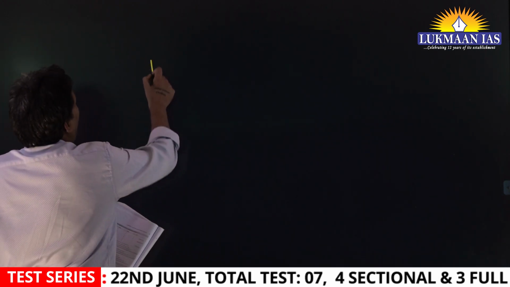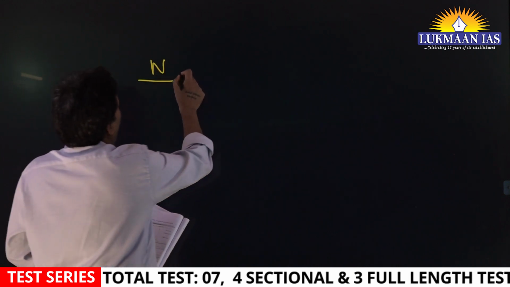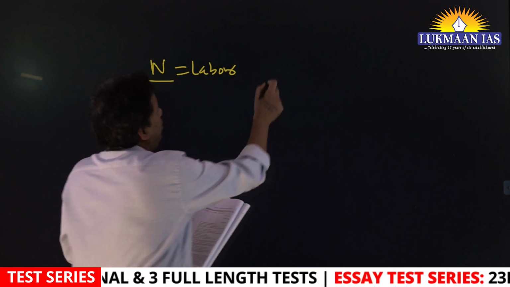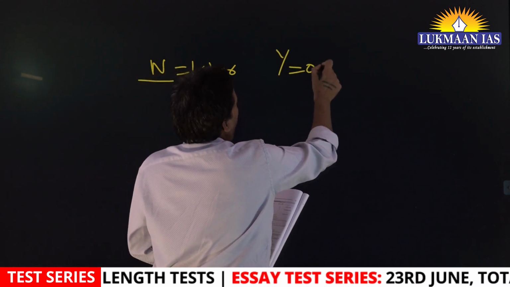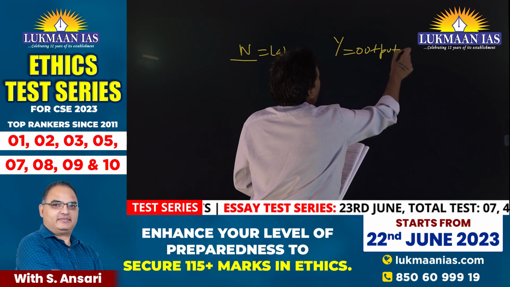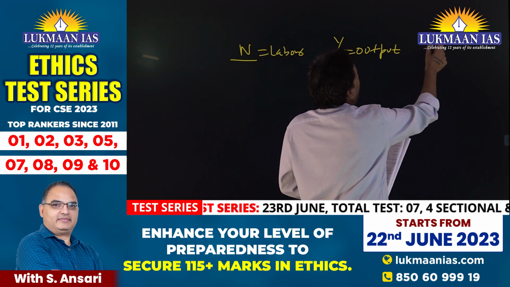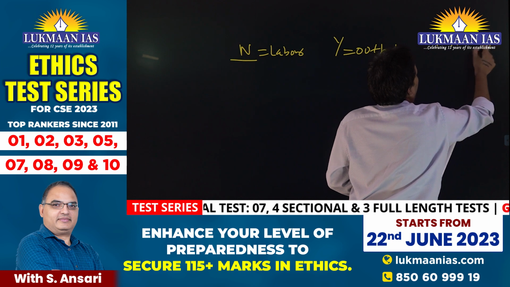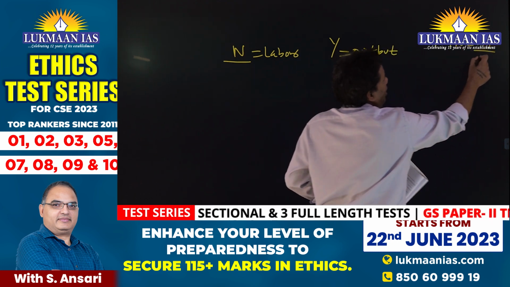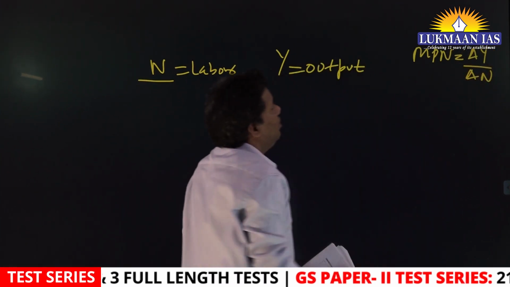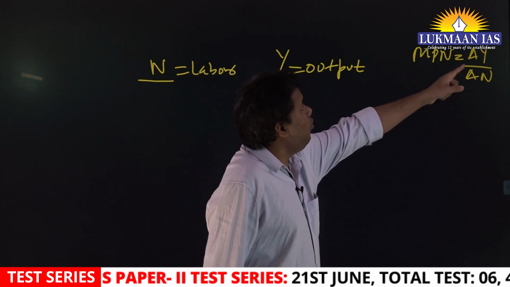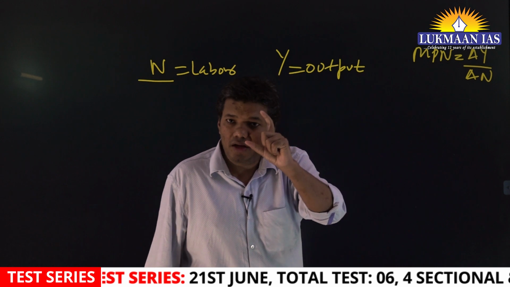Let's say N is labor demand and Y is output, and MPN is given by delta Y upon delta N. See what MPN means: for one additional labor, what will be the output? That is the meaning of MPN.